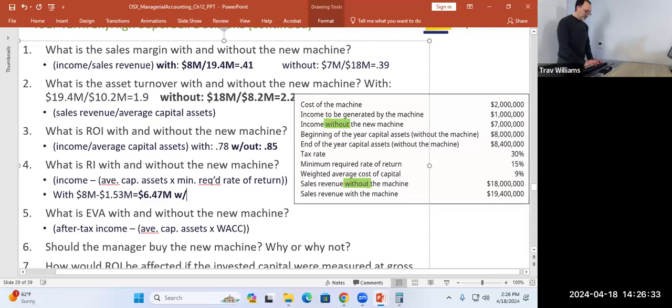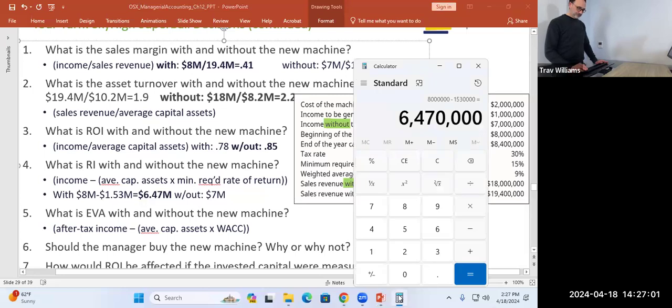And then we have without. All right. What is our income? It was 7 million, right? Average capital assets, we said were 8.2 million without the machine. And again, the rate of return is 15%.